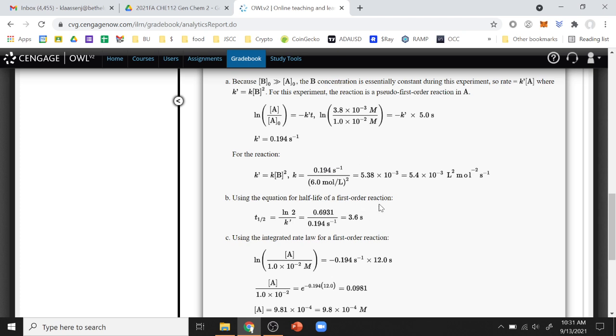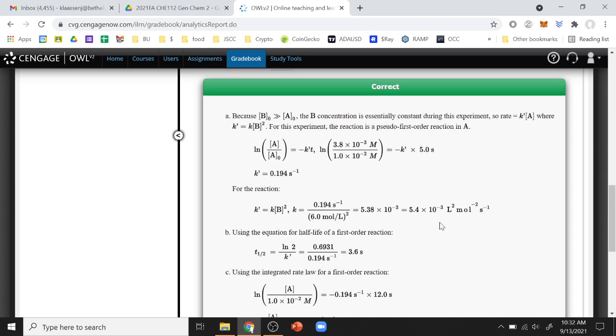And so we take our K prime, we divide over the value of B squared. So there's our K prime. We're dividing it by the 6, because it doesn't change, at least not significantly, squared, right? Which would be 36, by the way. All right, and then that would give us this value right here.